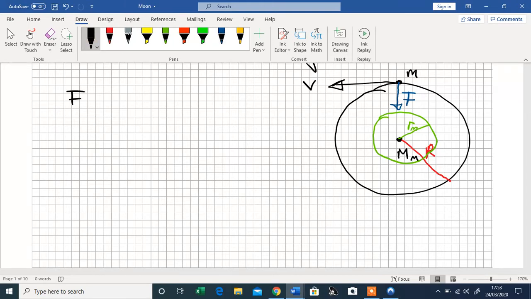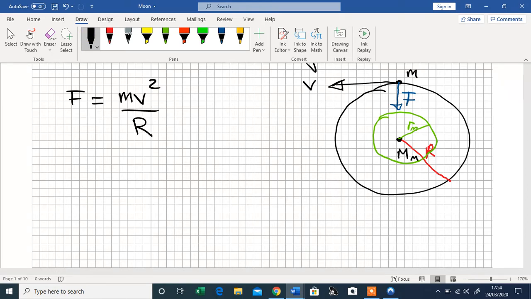Because we're talking about a satellite in orbit, we can't assume that it's on the surface of the moon. So we have to use this expression, F equals mv squared over r.